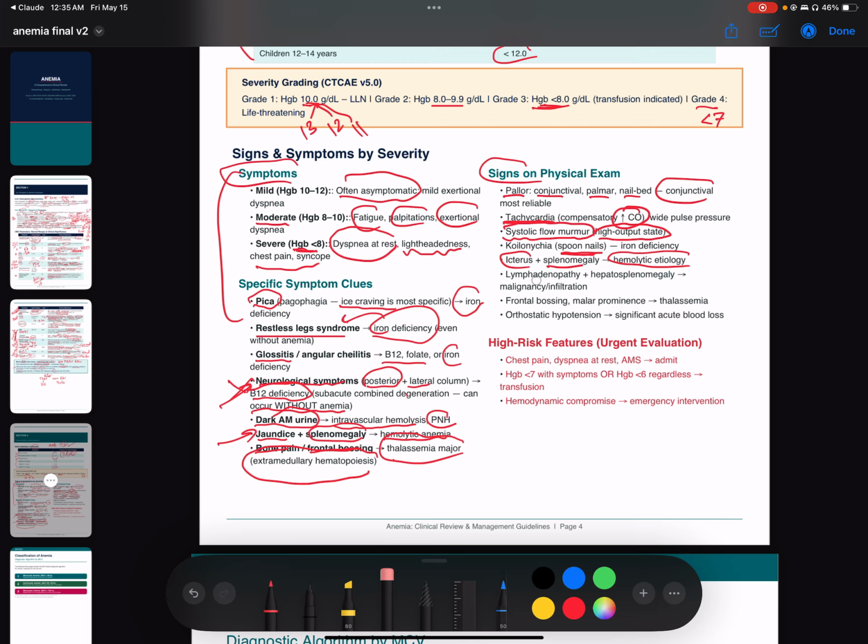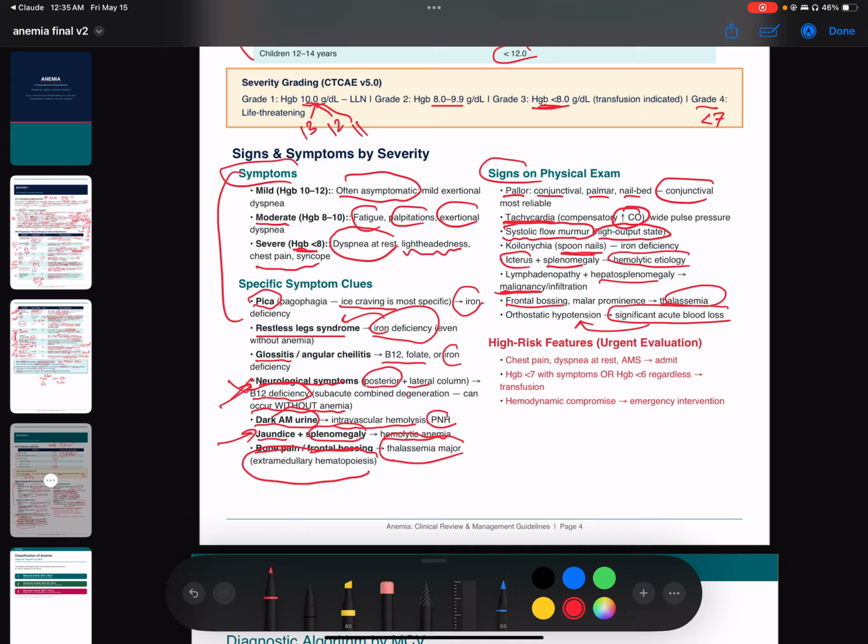If someone has lymphadenopathy and hepatosplenomegaly, sometimes that can be indicative of malignancy. Again, thalassemia, frontal bossing, orthostatic hypotension, that's usually a volume problem, so significant acute blood loss can cause orthostatic hypotension.